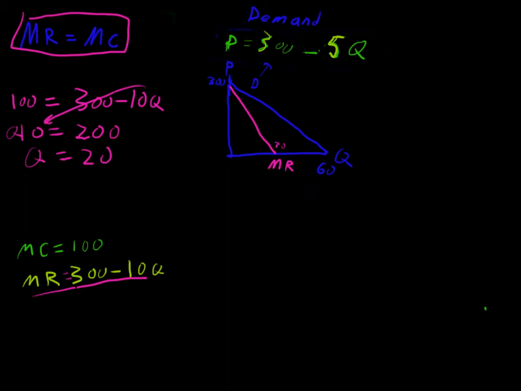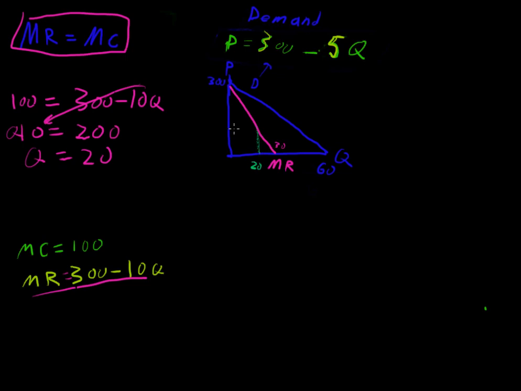Okay, so that's fairly straightforward algebraically, but let's look at it graphically. In addition to these two graphs, we can look at what happens if the monopolist doesn't produce a quantity of 30, but in fact produces a quantity of 20, which is what the equation says he ought to be doing.